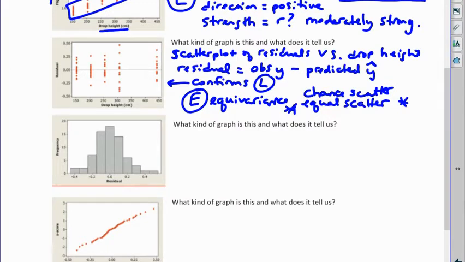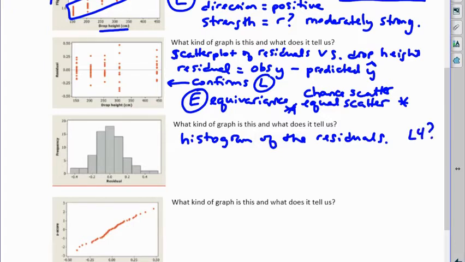So what kind of graph does this look like? This is a histogram of the residuals. So those are the same thing. I probably have them in L4, because I probably had observed Ys in L2 and predicted Ys in L3.